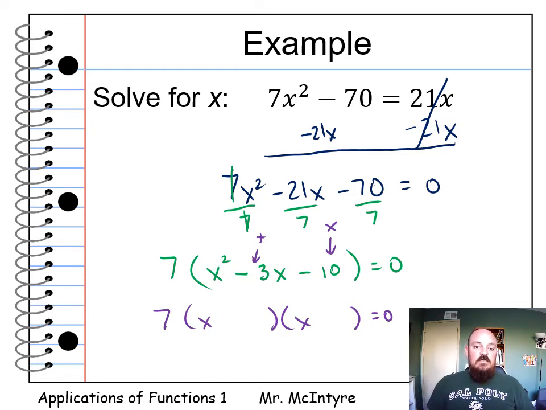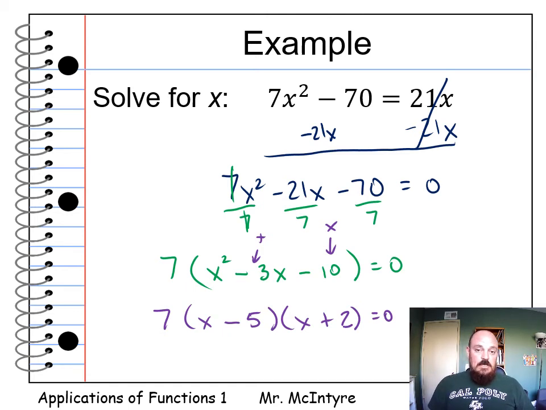And what I see is a negative 5 and a positive 2. I'm going to pick these two numbers because negative 5 times positive 2 is negative 10, and negative 5 plus 2 is negative 3. So I found my two answers.